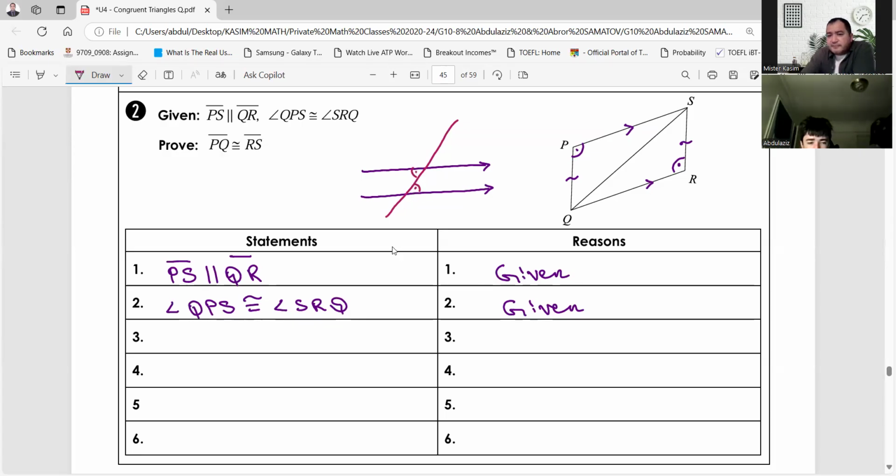The alternate angles are congruent. If this is x, this should also be x. And since PS is parallel to QR, this angle should be equal to this angle. Okay, so I'm going to write it down. So from here, what is it?